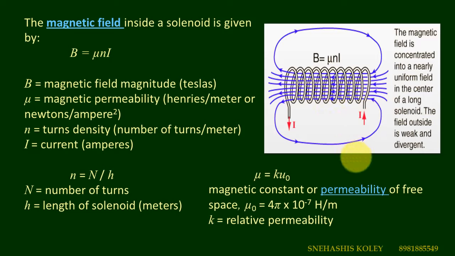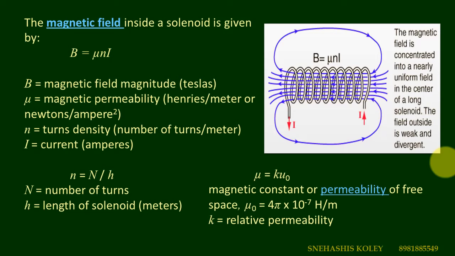So we prefer solenoid instead of bar magnet, because bar magnet and solenoid both have some similarities and dissimilarities, but solenoids get preferred because the strength of the magnetic field due to a solenoid can be changed by changing the current in it. Hence we can produce the required amount of magnetic field by changing the amount of current.